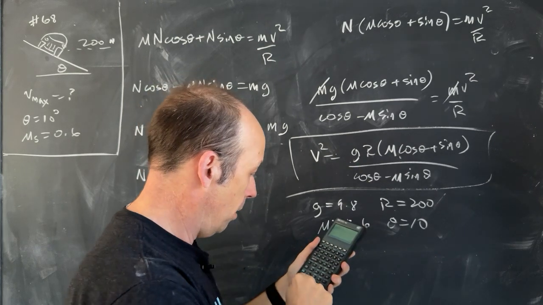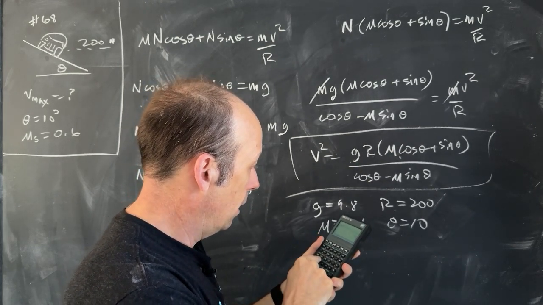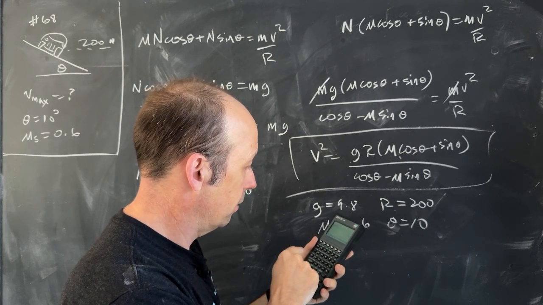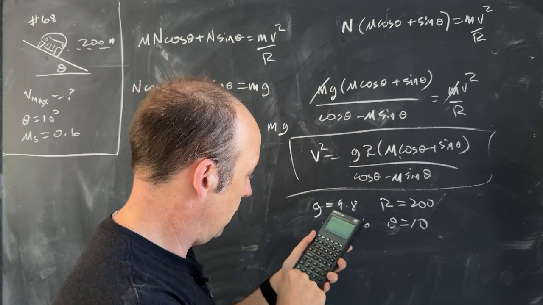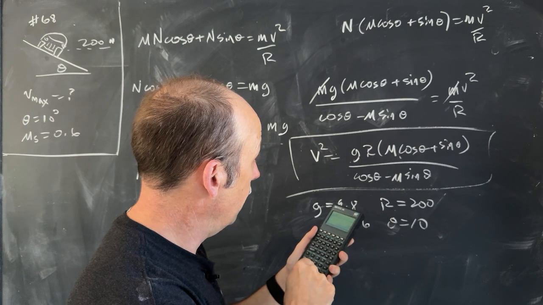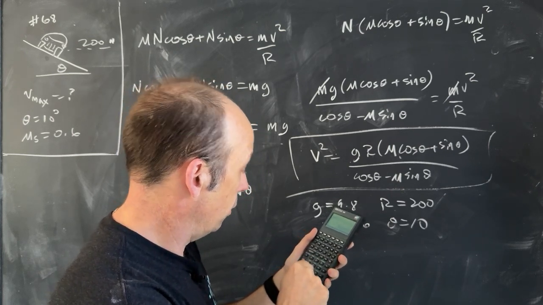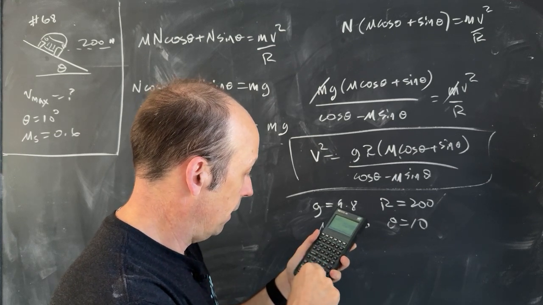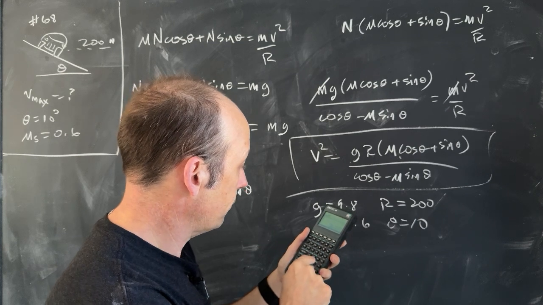And then 0.6, enter, 10. Am I in degrees? Let's do 10 cosine. Yeah, I think I am. Times, and then 10 sine, plus, and then times. And then 10 cosine, and then 0.6, enter, 10 sine, times, minus, divided by.